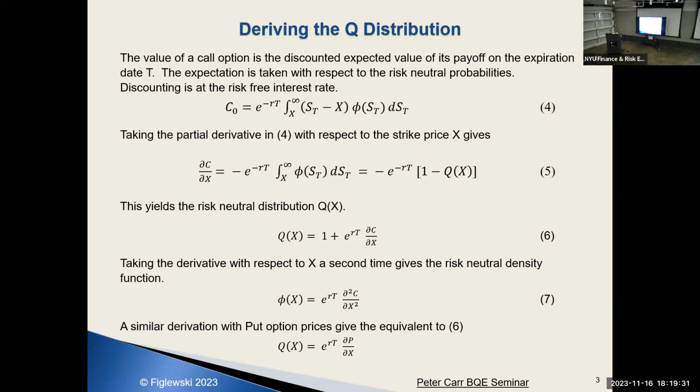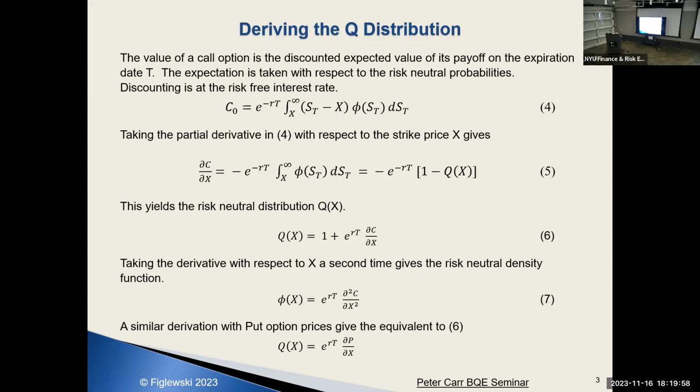Take the derivative of this with respect to X, first partial with respect to X, and already we've got something that's extremely valuable. All right? The X disappears, and we got minus the integral of the risk-neutral density from the strike price X up to infinity. Right? So there's the Q distribution.